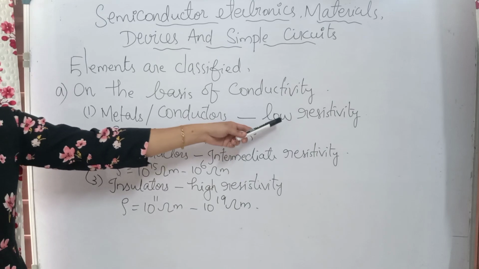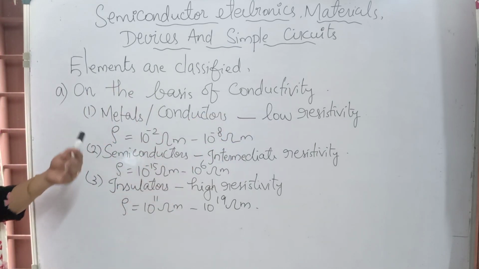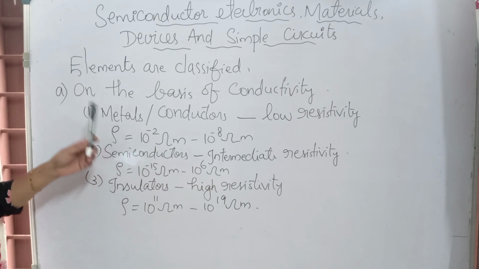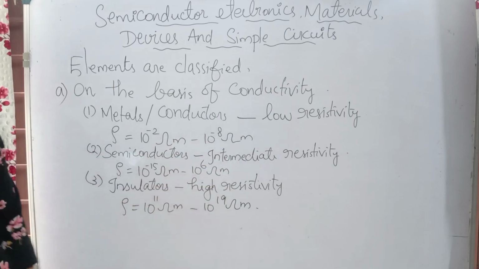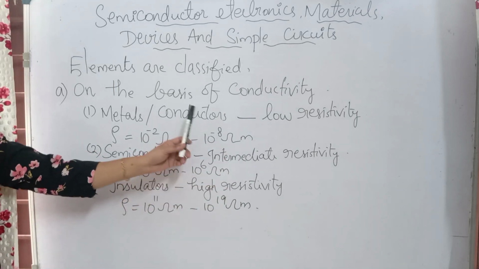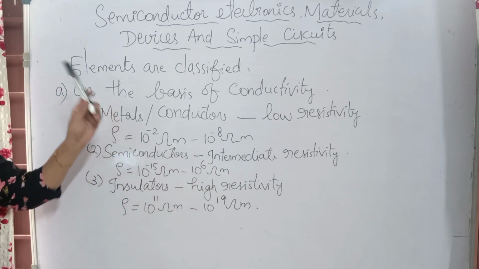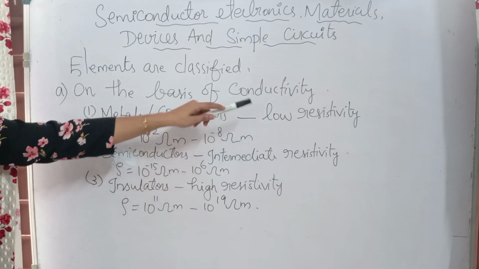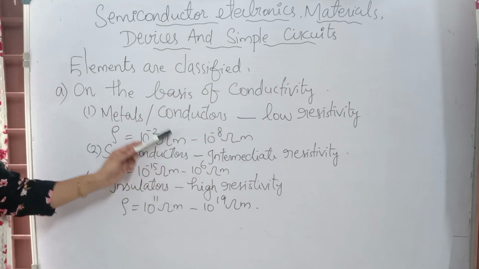So low resistivity will be there for metals or conductors. That means it will conduct. Here the value of resistivity will be between 10 raised to minus 2 ohm meter and 10 raised to minus 8 ohm meter for metals or conductors. Therefore their conductivity will be more. So that point you have to remember.